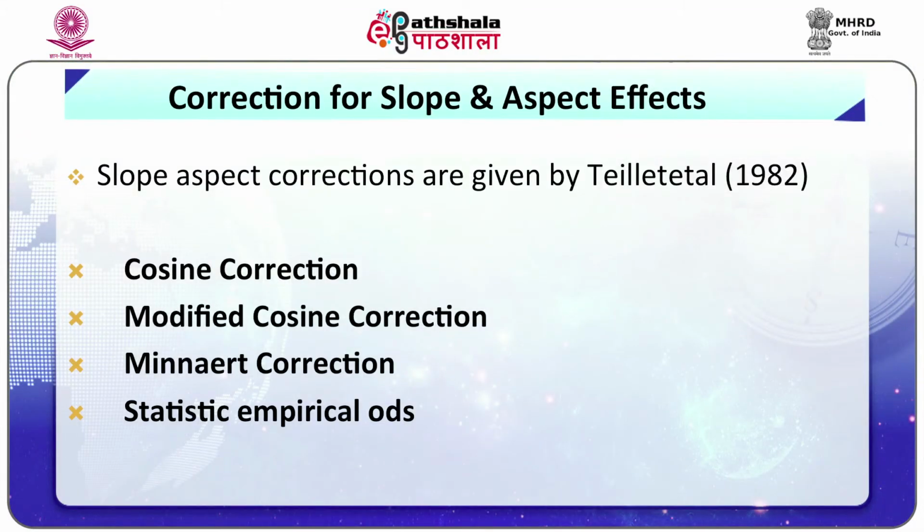Correction for slope and aspect effects. Slope aspect corrections are given as cosine correction, modified cosine correction, semi-empirical method, Minnaert correction, C correction, and statistical empirical method. Each of these corrections is based on illumination.